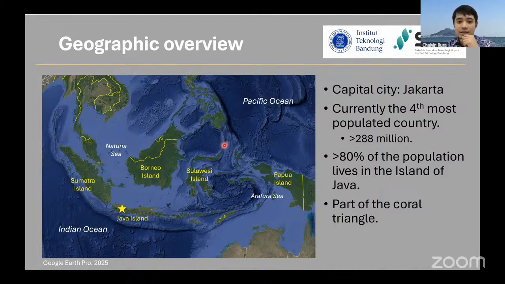The Coral Triangle encompasses the Philippines, Indonesia, and some reports also include Malaysia and Singapore, but some other papers only include the Philippines and the eastern part of Indonesia. So I think there's still some debate on how big the Coral Triangle is.